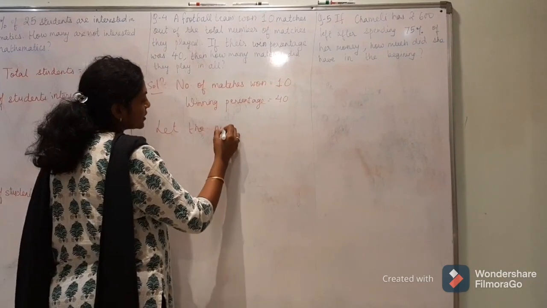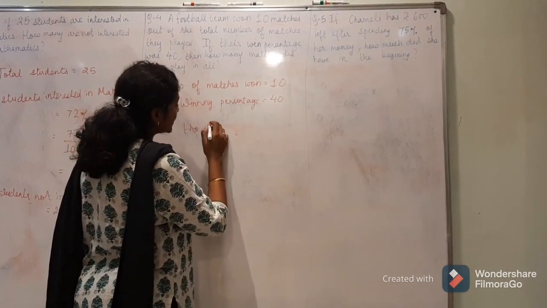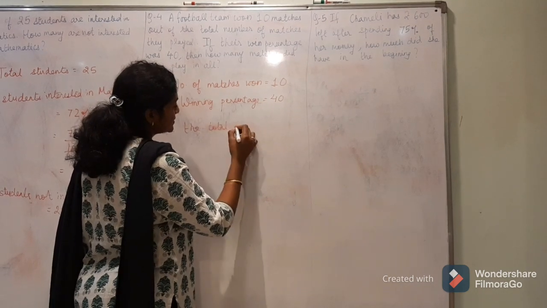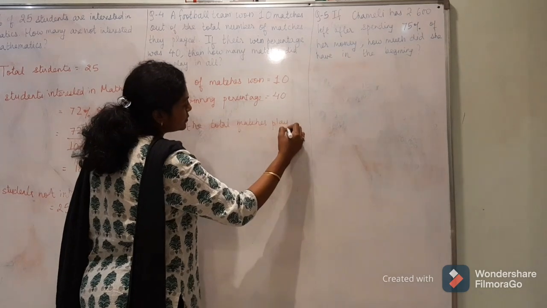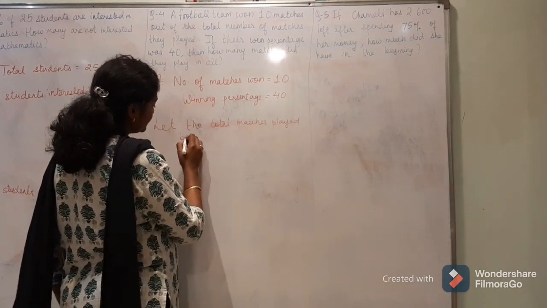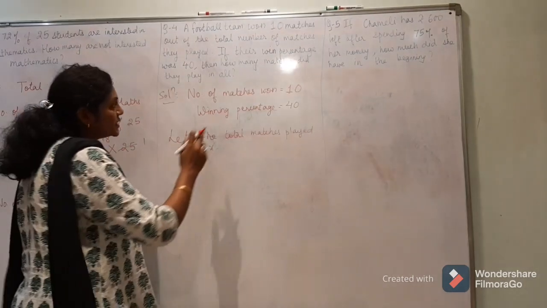So let the total number of matches played be X. Now you have to find the percentage. How will you find it?